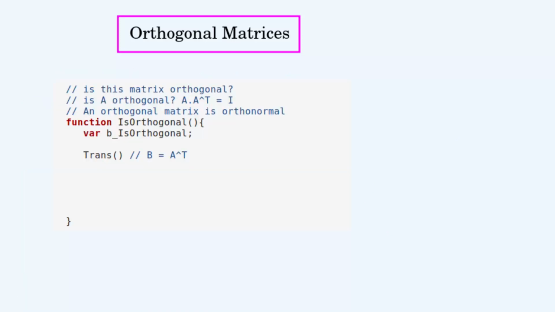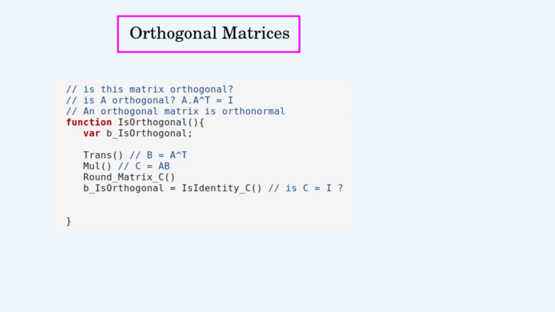So now to create a function that can test whether or not a matrix is orthogonal, we'll test matrix A, and get the transpose of A and put it into matrix B. Then we'll multiply them together to get matrix C. We'll round this matrix to get rid of all the inaccuracies due to numerical errors, so a number like 1 times 10 to the minus 10 will be rounded to 0.